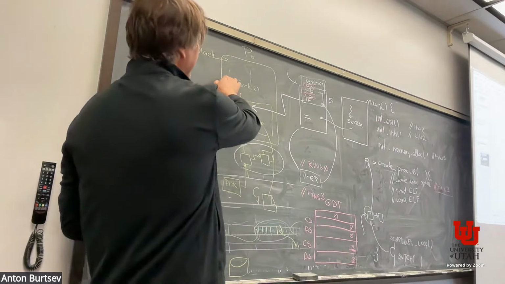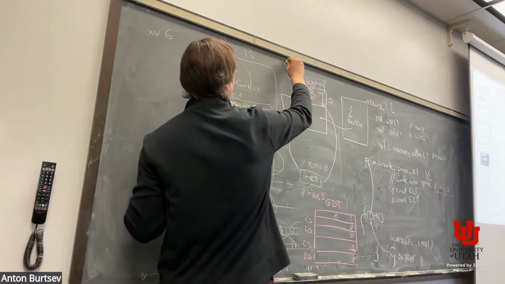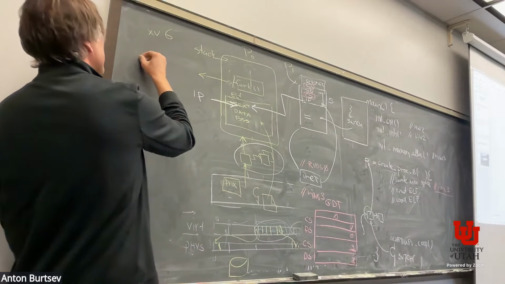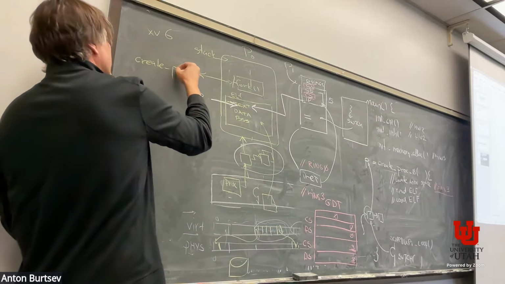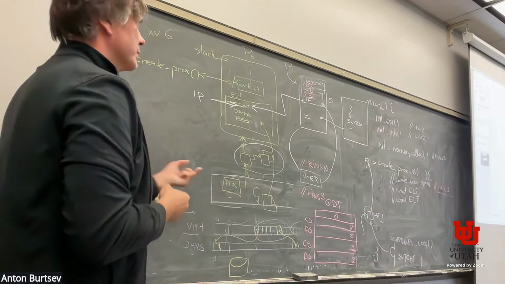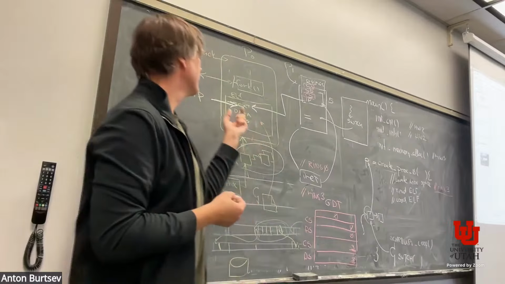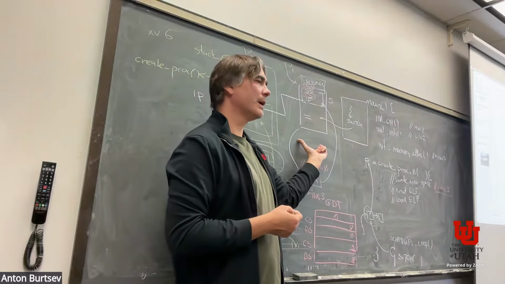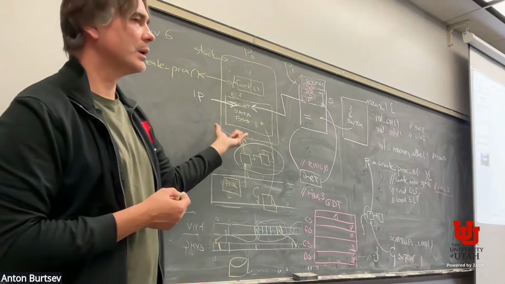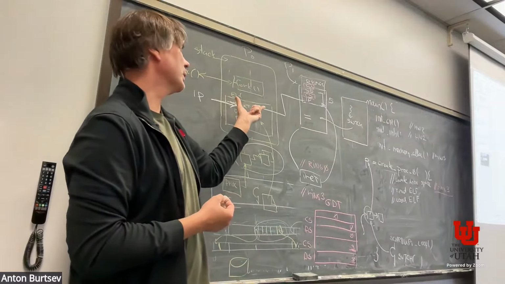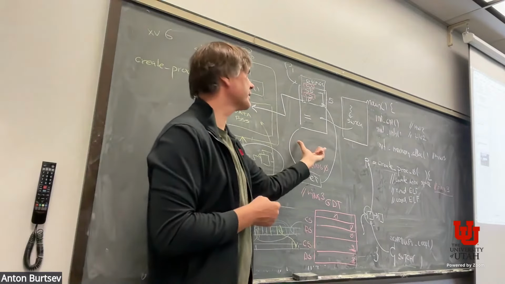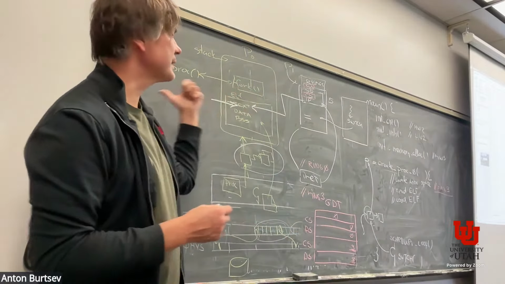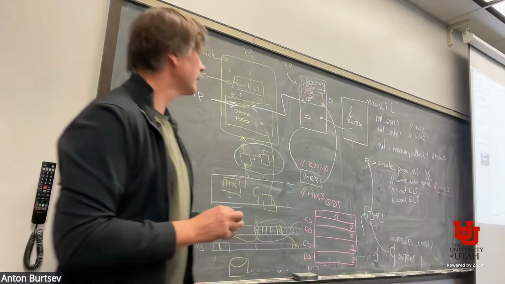But maybe inside this first process, if we want to create process 1, then we can either build fork, or I would argue, let's build something like a create process system call. Instead of just cloning the address space, we'll configure more carefully what should happen with this new address space. Maybe it's a better abstraction compared to fork, because fork is often followed by exec, which means that you first clone the address space and then throw it away. That's a little wasteful, and fork is also a little hard to support, but this one is easier. You don't need to copy the address space.